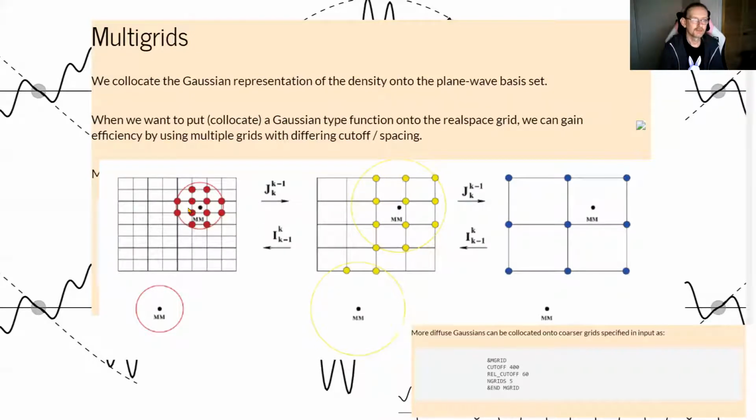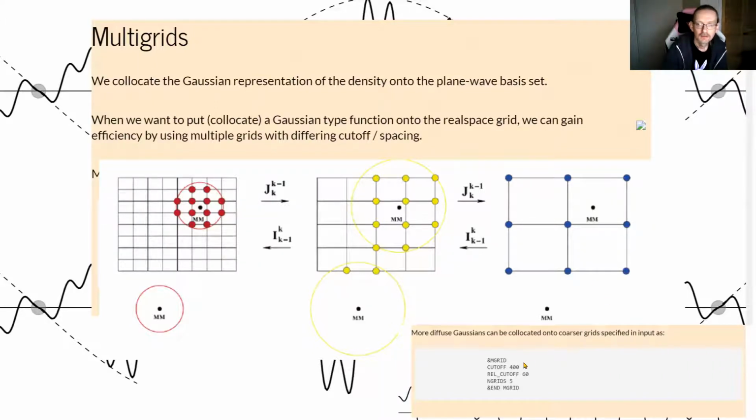So what can be done is to project the different Gaussians onto the different grids, and then use so-called restriction and its opposite, the special terminology in multigrids, to move the coarse Gaussians up onto the fine grid. If we do that, we've got an equivalent representation of our density in terms of a set of plane wave functions or values on a regular grid. And then we can use all the technology of a plane wave code for that part of the calculation.